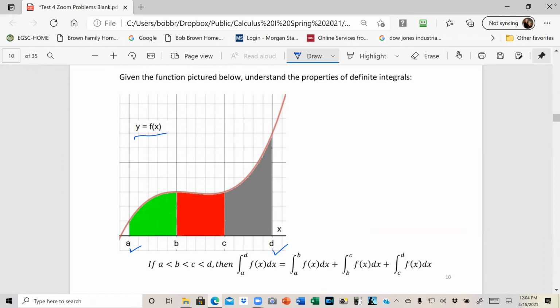A practical problem would be, suppose the curve here was a fence line, and the x-axis was a highway, and you had a fence going along this lower boundary, and then you planted corn, and then cotton, and then peanuts.